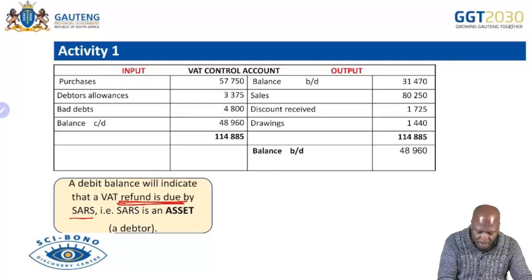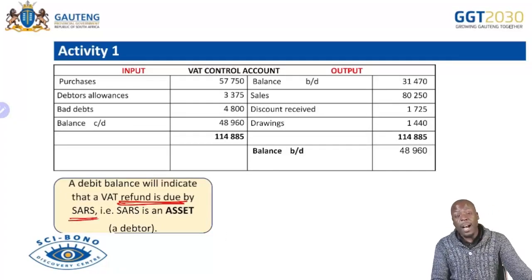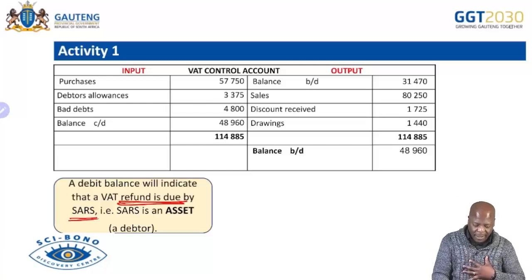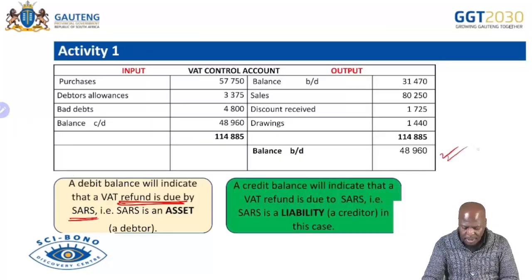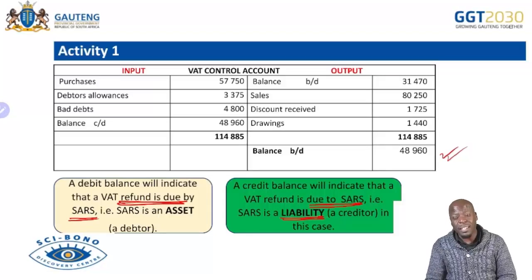If the balance was debit, it means SARS owes us. But in this question, the balance BD was on the credit side. That means it is an amount that is due to SARS. Remember, we are talking about a liability.